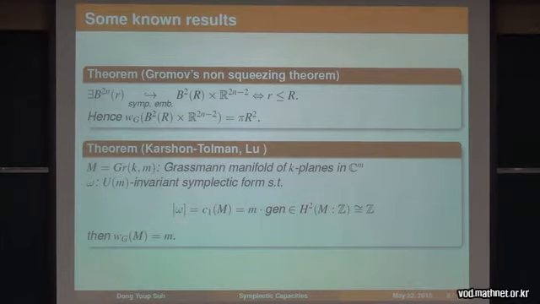This cohomology class is the same as the first Chern class of the manifold, which is some number times the generator of the second cohomology. And then they prove that this number, m, is the Gromov width of this Grassmannian manifold.